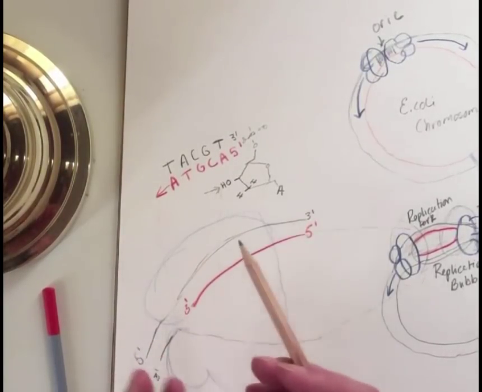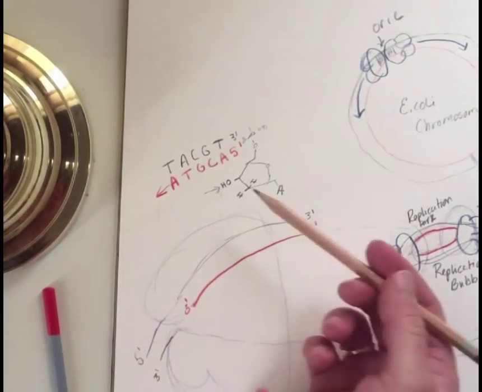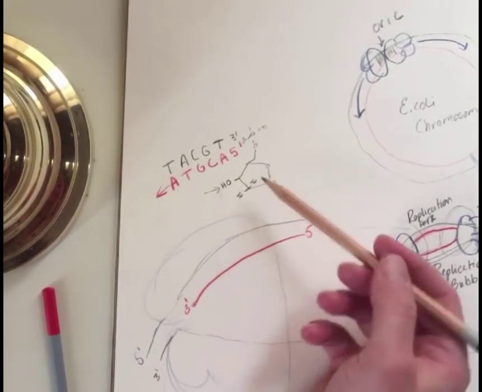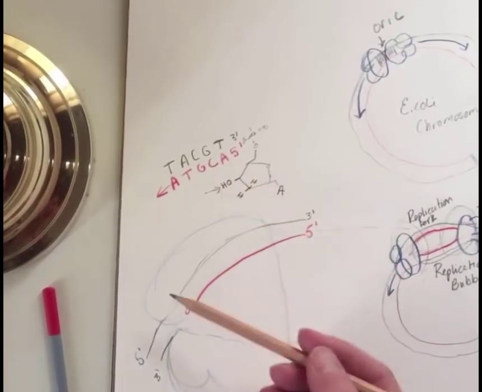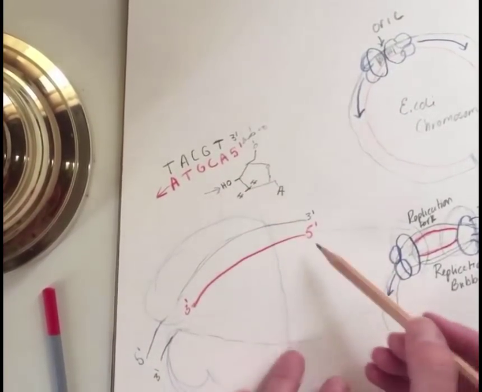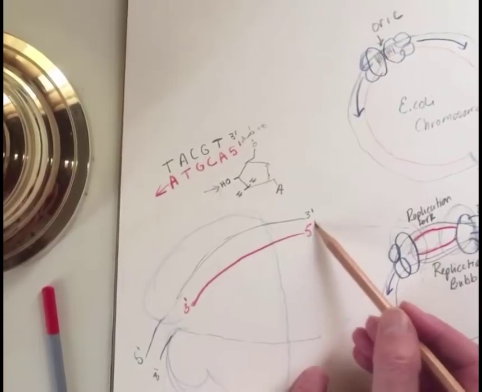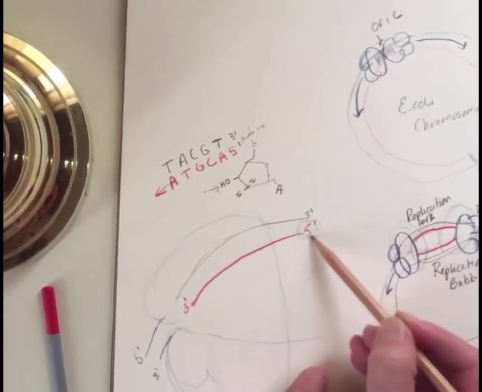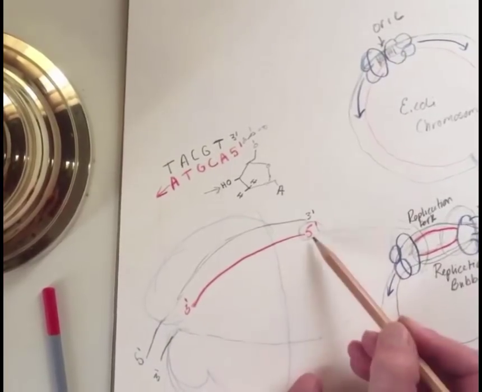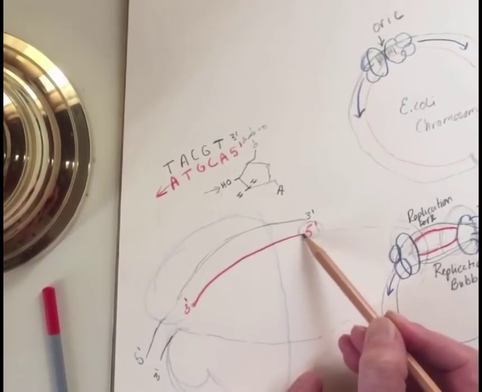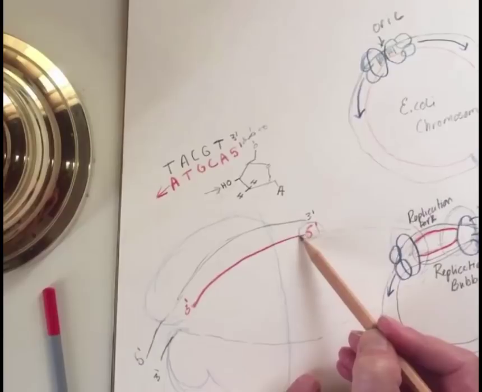Now, it's important to note that in order for DNA polymerase to build, it requires an open 3' hydroxyl. So that is to say, if we zoom back here to the very start of this strand of DNA that this replisome is making, it had to have had a 3' hydroxyl to start from.